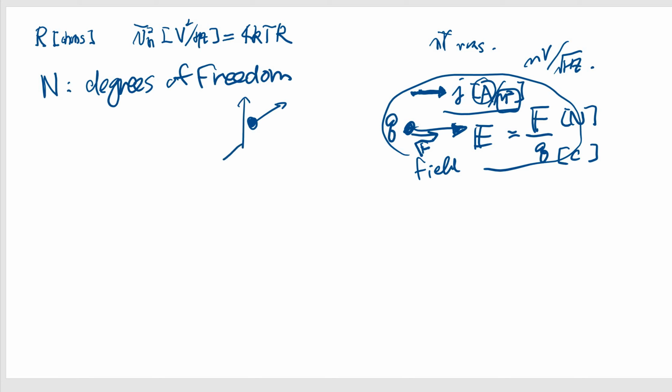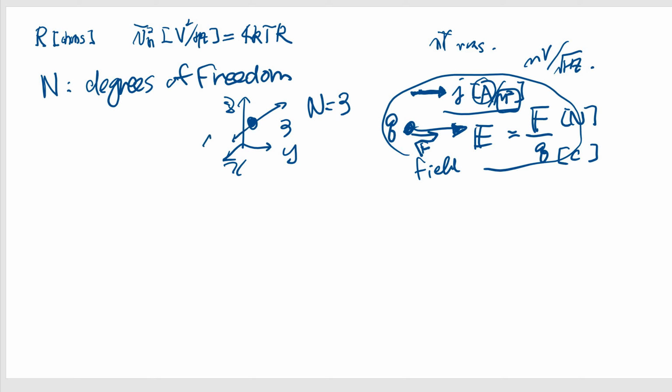For example, in three-dimensional space there are three directions and N equals 3: X, Y, Z elements of movement are available.